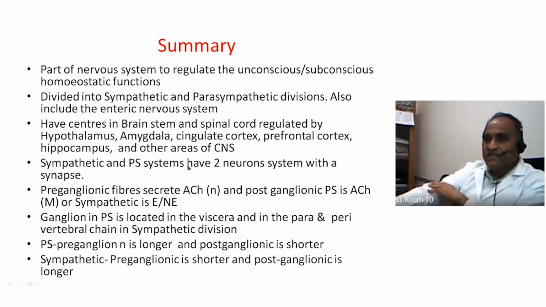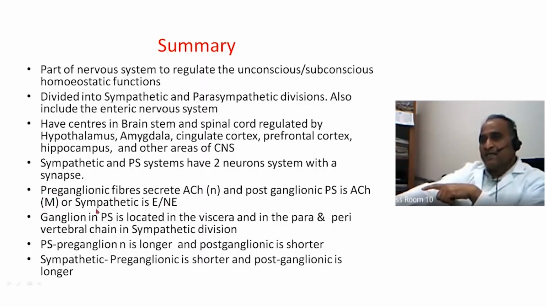The sympathetic and parasympathetic systems have a two-neuron efferent system with a synapse. The preganglionic fibers secrete acetylcholine, which acts on the nicotinic receptors on the postsynaptic membrane and produces the action. The postganglionic parasympathetic also secretes acetylcholine, but that involves the muscarinic receptor.